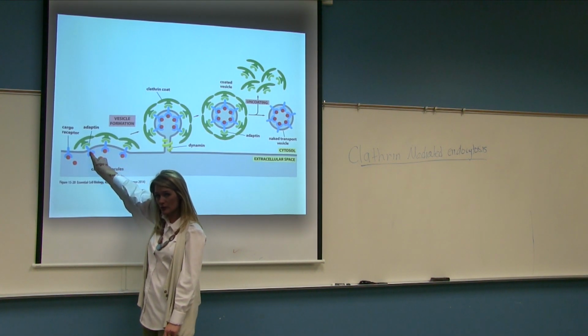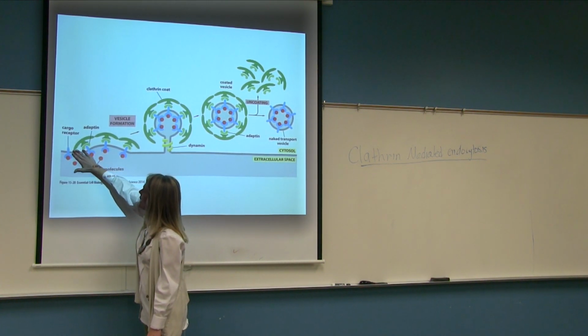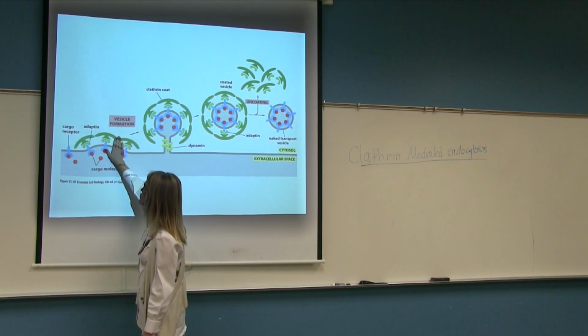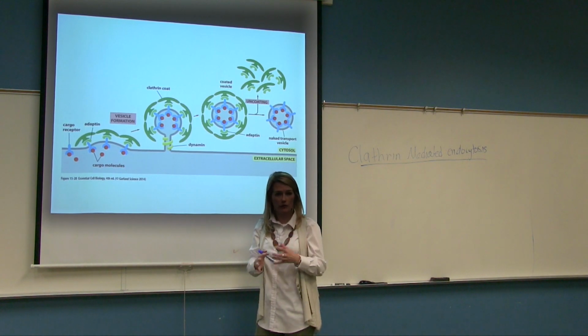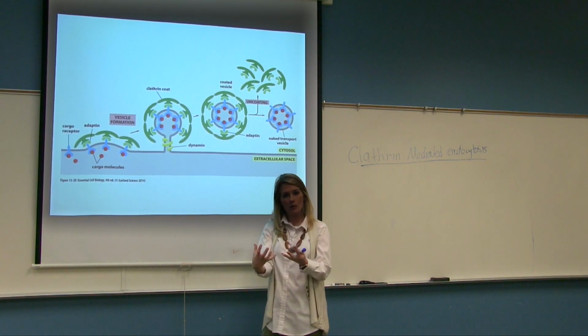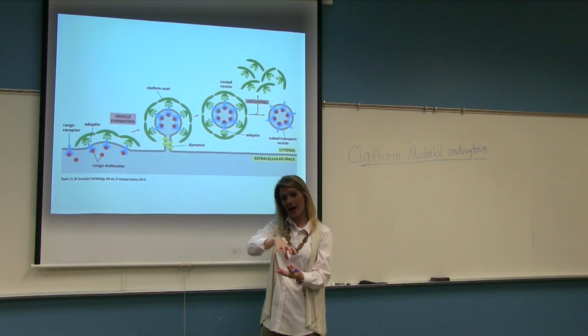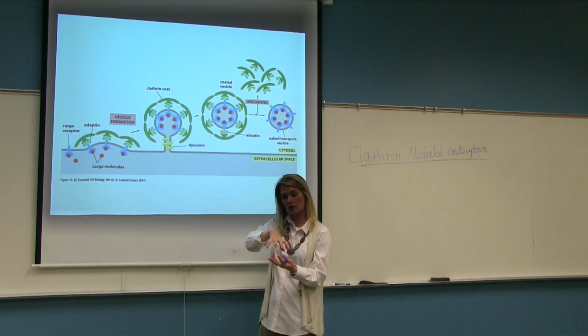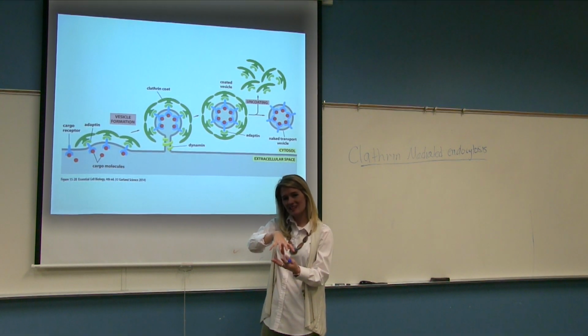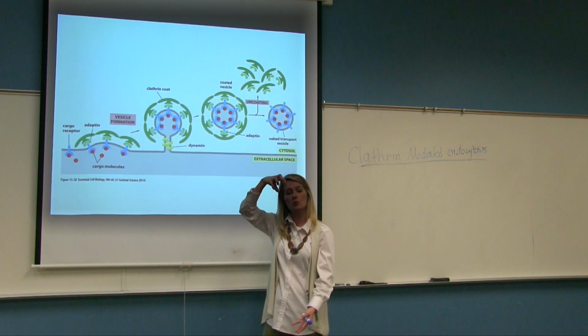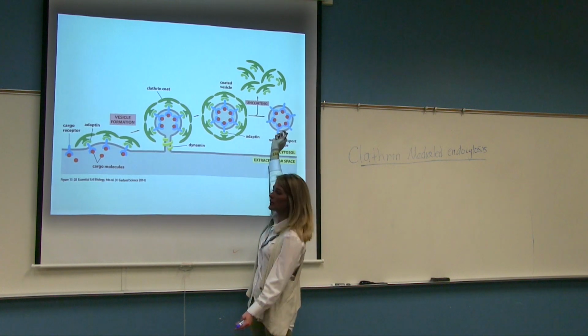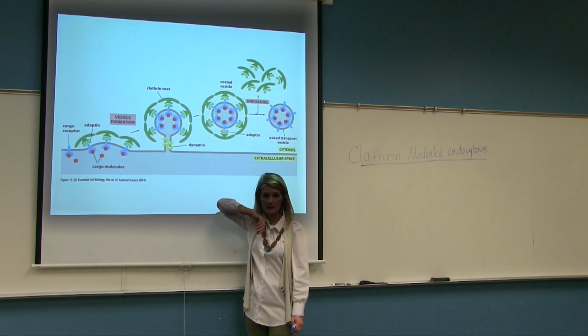But how do we do that? Well, we form a coat, or a cage-like structure, if you will, all around the membrane. That helps cause pressure to deform the membrane and bring it inward, and eventually pinch off to release that cargo inside the cell.